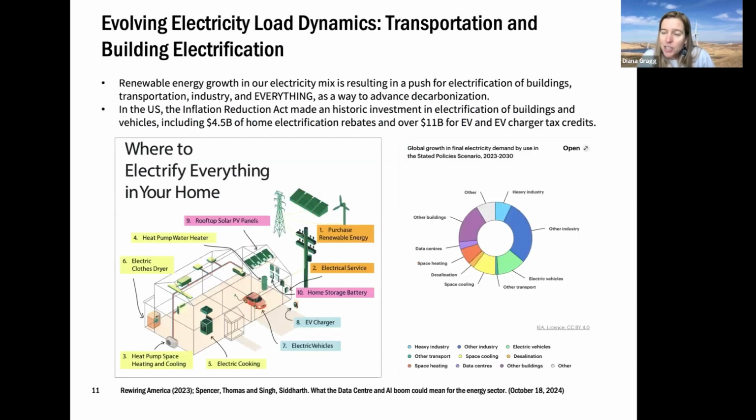Now, the demand side of things is changing a little bit on our grid. We are in this trend of electrifying everything, electrifying our heating needs, our cooking needs, our transportation needs, our buildings. This really gives us a lot of flexibility for decarbonization because we are decarbonizing the grid at the same time. So if you think about it, your fuel gets more decarbonized over time when you make the investment to electrify your building or your transportation needs.